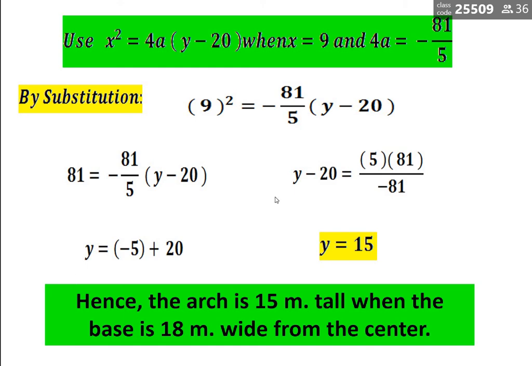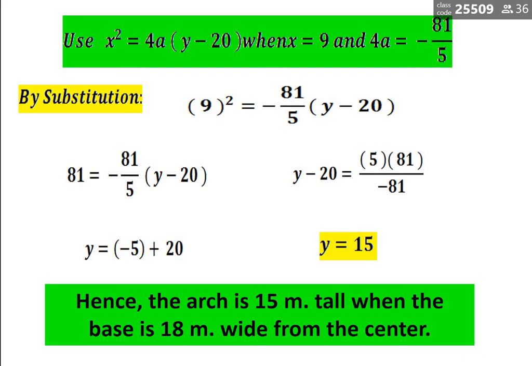Therefore, you transpose the 20 to the right, so it becomes positive: negative 5 plus 20, and you will have the sum of positive 15. Hence, the arch is 15 meters tall when the base is 18 meters wide from the center. Okay, can you follow? It's very easy.